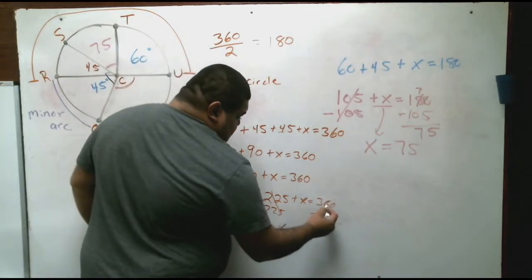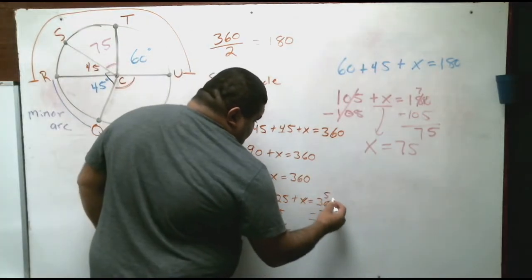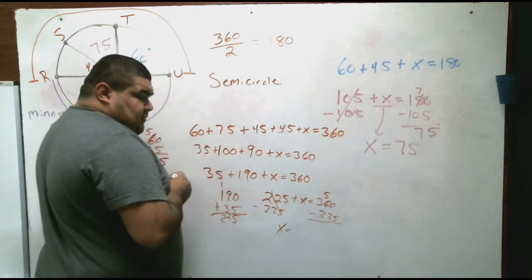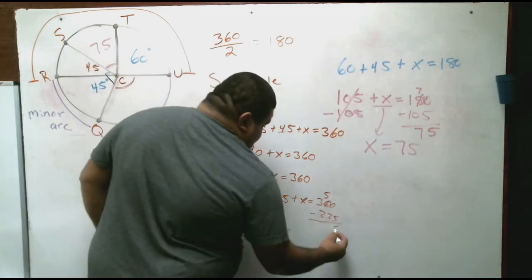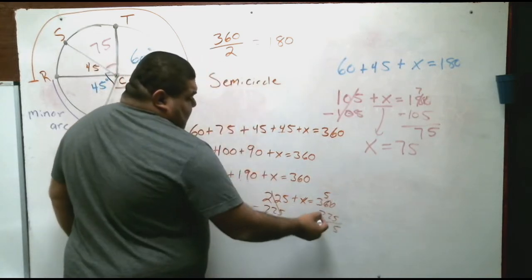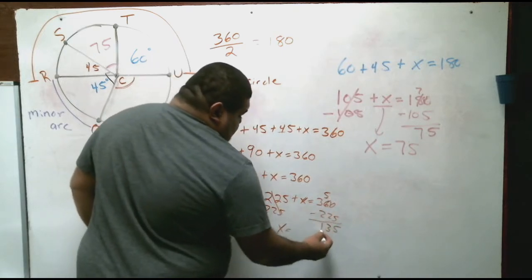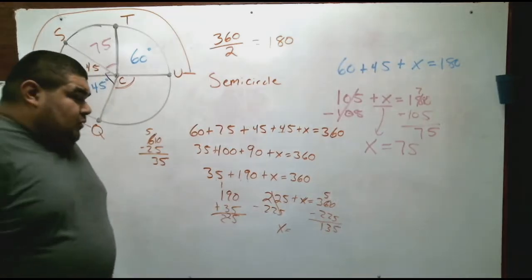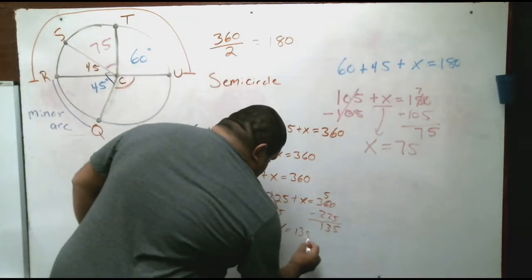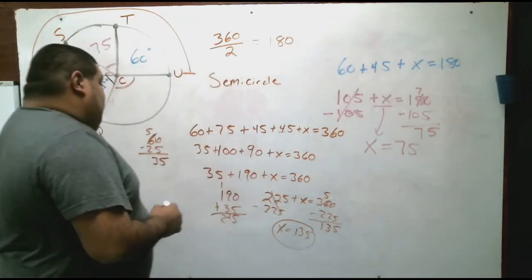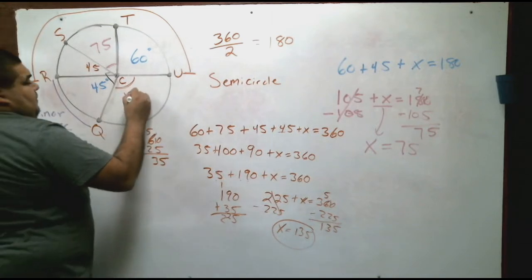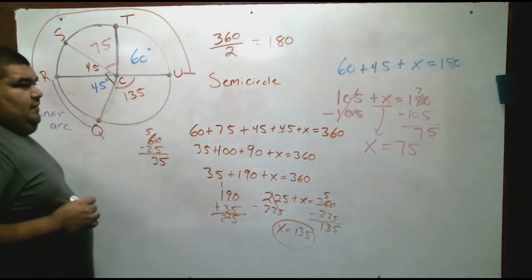Again, we're going to borrow from the 6. We have 5. We have a 10 on the 0. So 10 minus 5 is 5. Now we have 5 minus 2, which is 3. And then 3 minus 2, which is 1. So X equals 135. Okay? So this angle here equals 135.